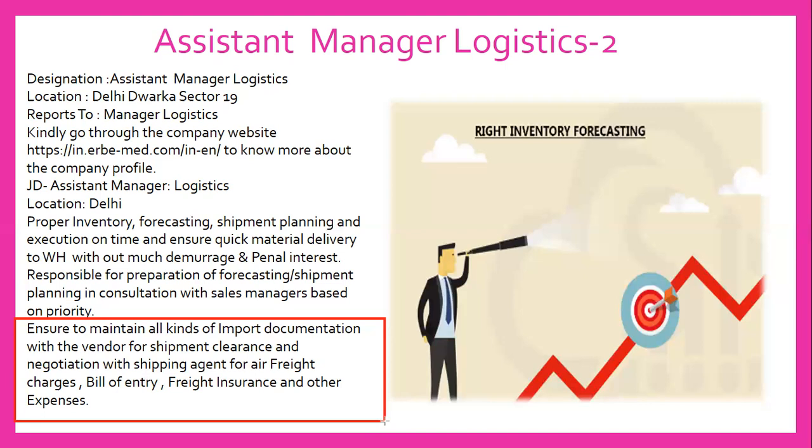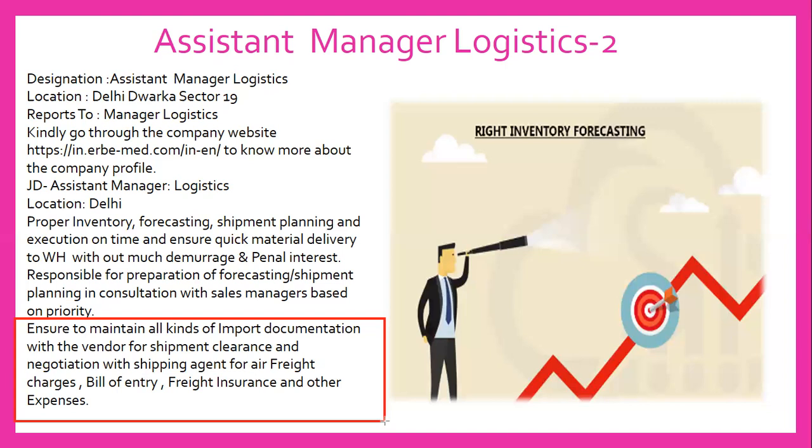Okay, then bill of entry, freight, insurance and other expenses also need to be kept in mind. Bill of entry knowledge is also needed for this job. In the case of CIF, the freight supplier will be responsible for freight insurance. But in the case of CIF, the responsibility and coverage of insurance is only till the port of discharge.